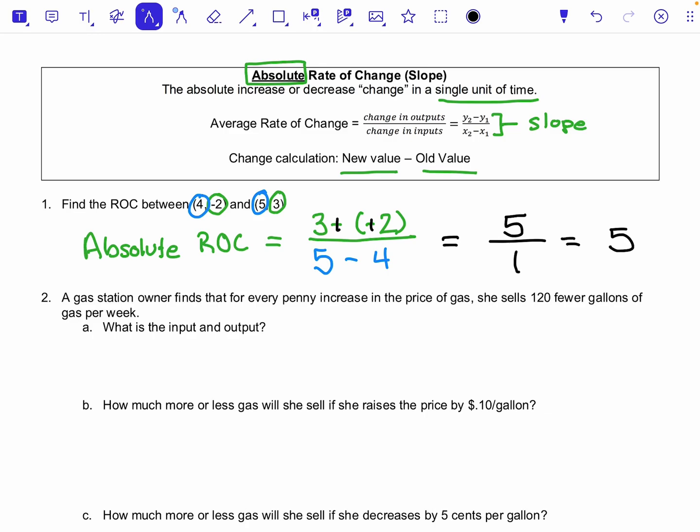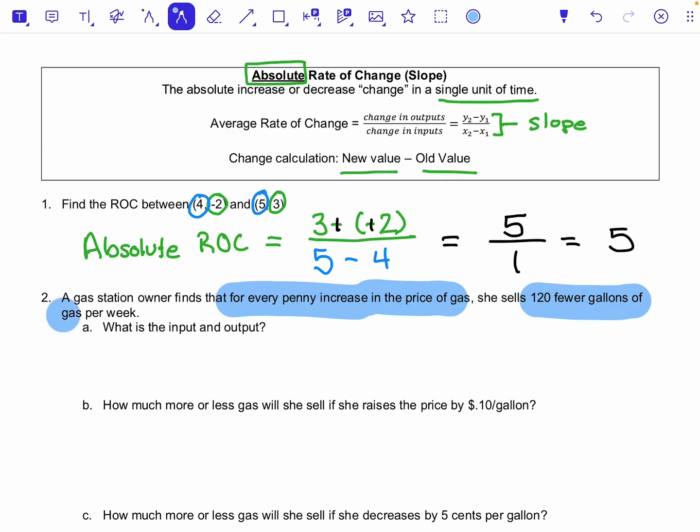All right. Now, let's look at this within a context. So we have a gas station owner who finds that for every penny increase in the price of gas, she sells 250 fewer gallons of gas.